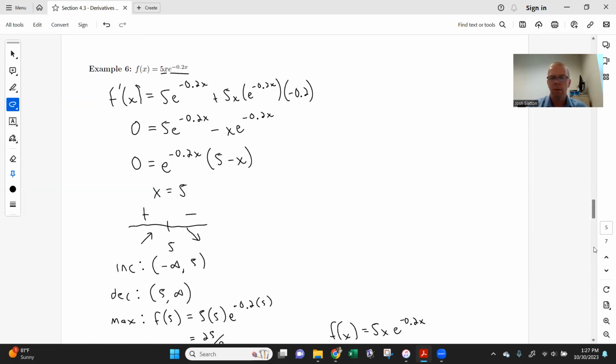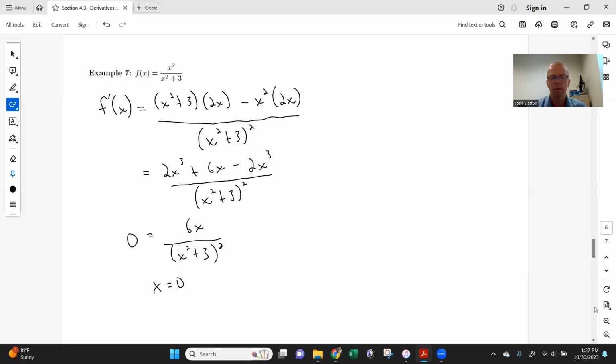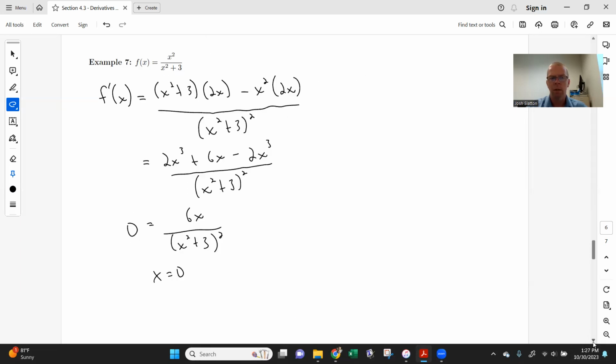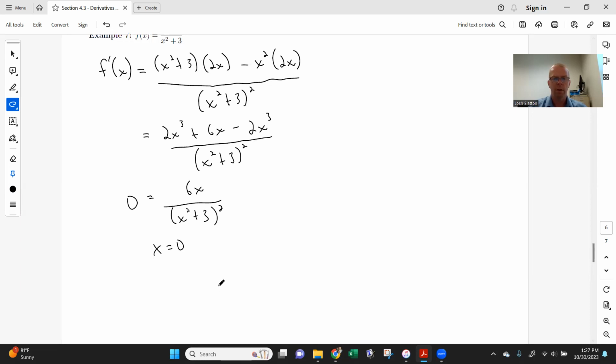So let's see, we'll do this over here. So 0, where is this positive? Where is it negative? Something to notice, the denominator is always positive. We're squaring it, so it has to be positive. So the sign of this is completely determined by the numerator.